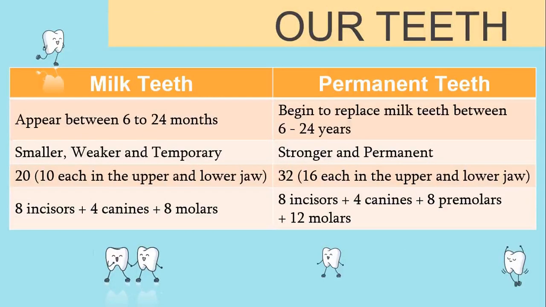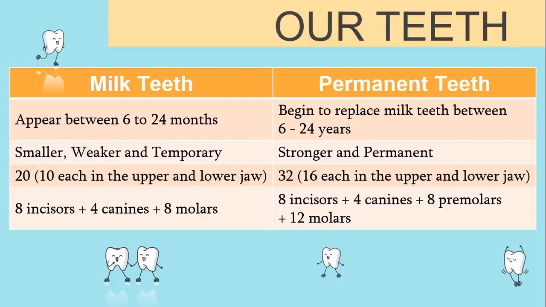The first point is, the milk teeth appear between 6 to 24 months. The first teeth that start to appear when we are around 6 months old are called milk teeth. Permanent teeth are to replace milk teeth. They begin between 6 to 24 years.